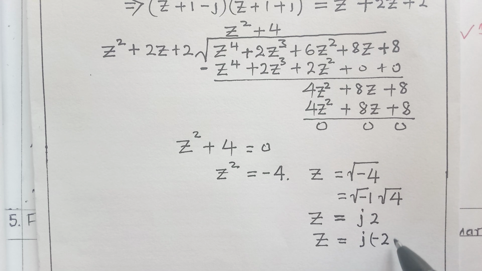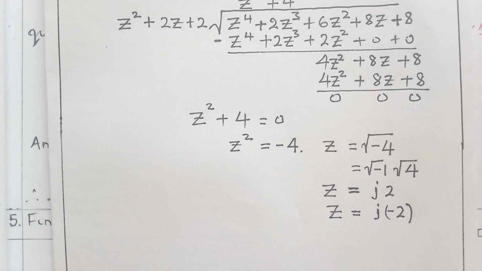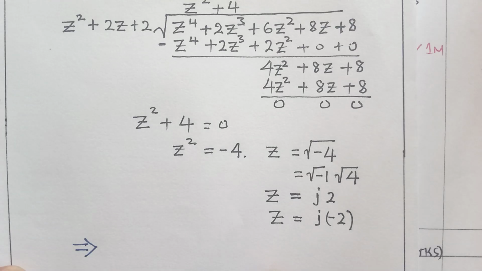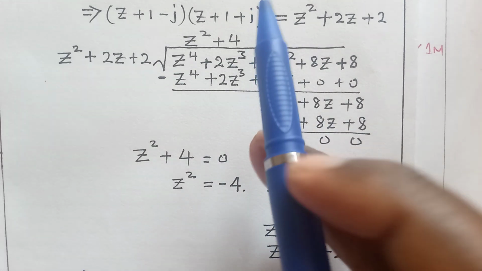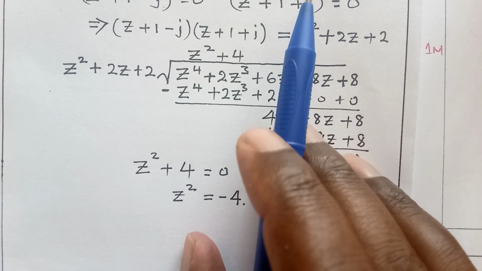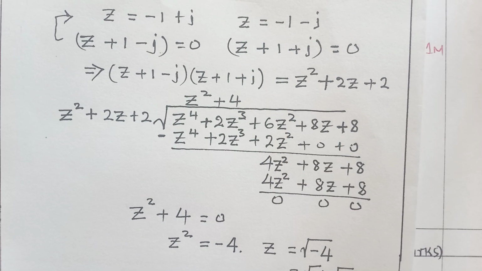And so guys, our solution then is going to be, because we are needed to find the other solutions, first of all, you get the conjugate here, guys. This was our conjugate, and this was the first solution, z.